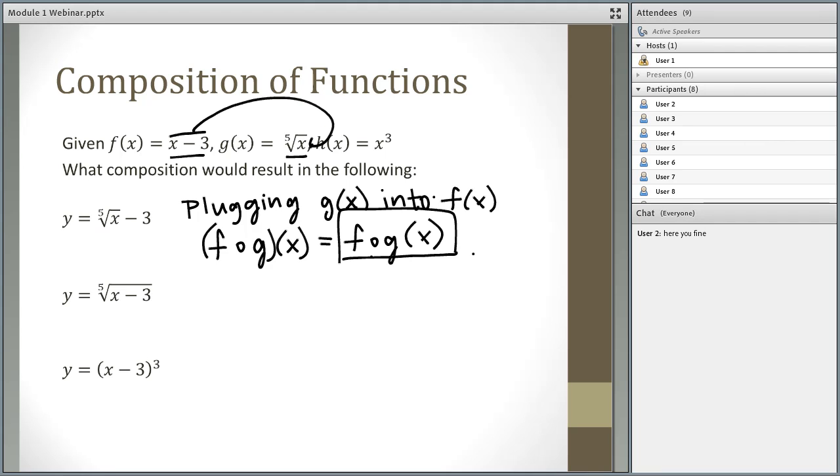So I would be plugging f of x into g of x. So by plugging f of x into g of x, that's how I would get the fifth root of x minus 3. And again, the notation would be g composed of f of x. So take f of x and plug it into g of x.